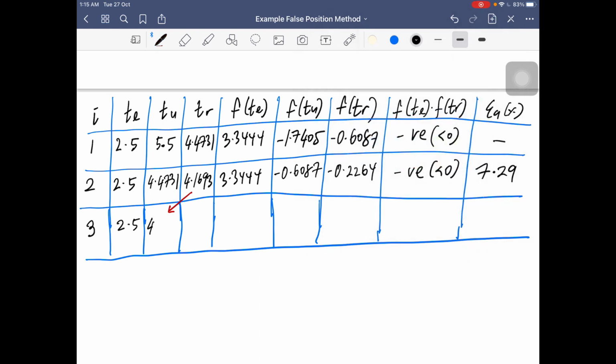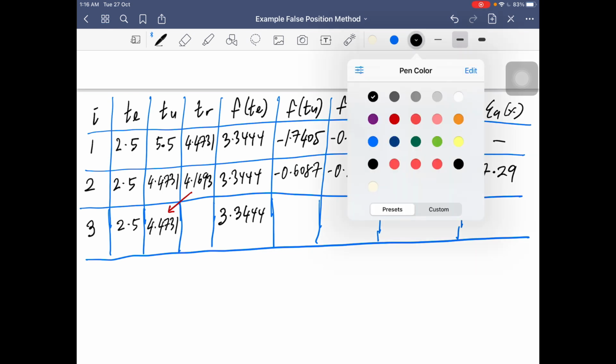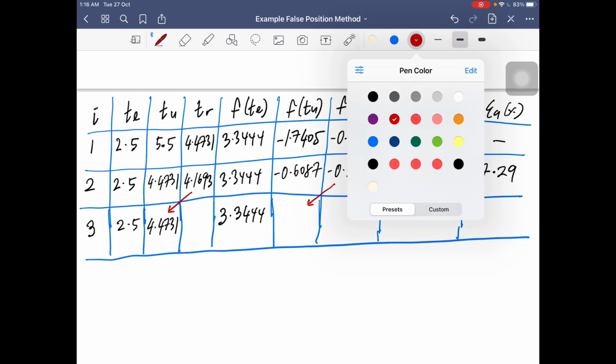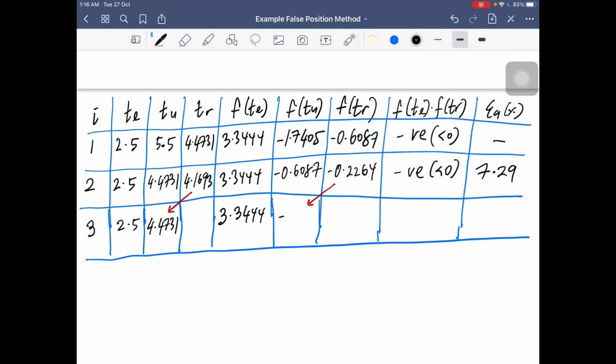So now we have 4.1693, and then FTL remains the same, 3.3444, and for FTU, now we use this value here, which is negative 0.2264.